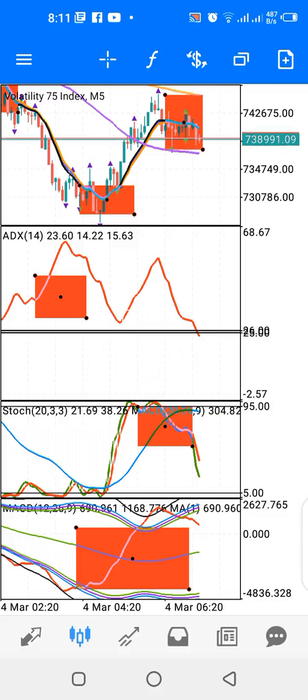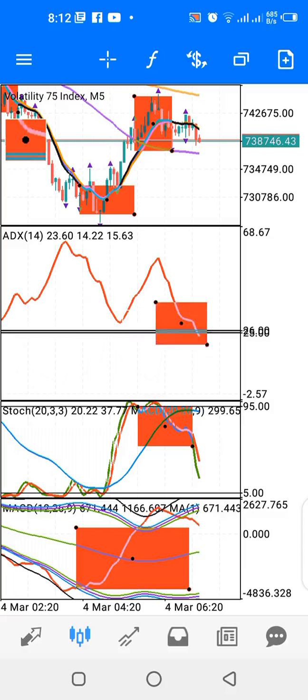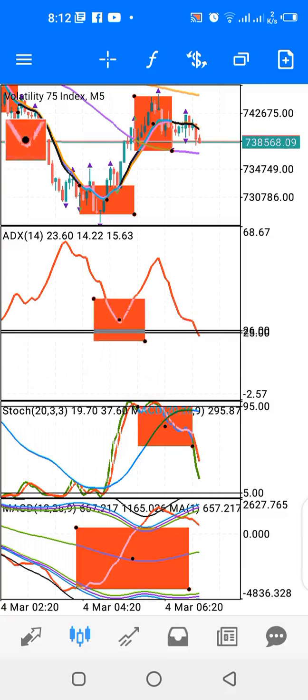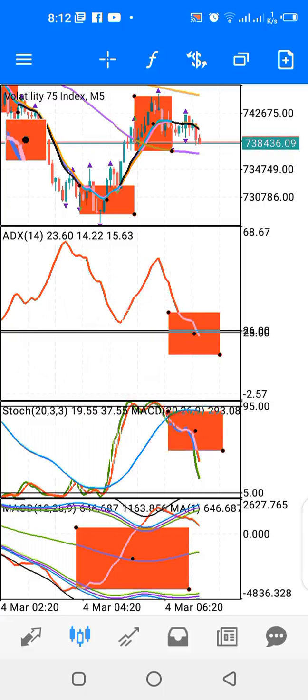All right, so you must be able to manage all the signals on all the windows, taking into consideration the ADX indicator, whether it's telling you to stay inactive or to continue to trade. Now ADX is telling us to stay inactive, but indicator window 2 is telling us to sell.